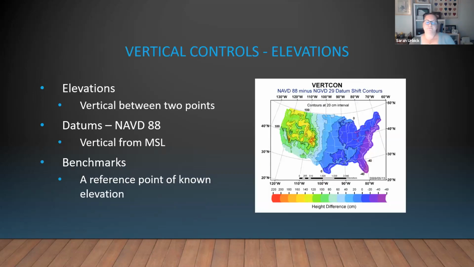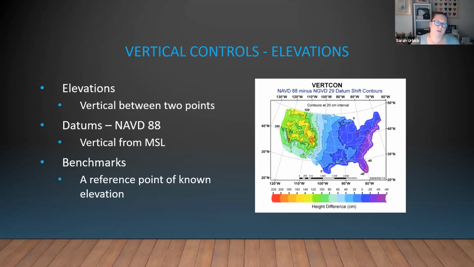So there's a little bit of a history behind the vertical control side of things. Okay. So we say that an elevation is the vertical distance between 2 points. However, there is also what we need to refer to as a datum, and that is the vertical distance from a known fixed point.